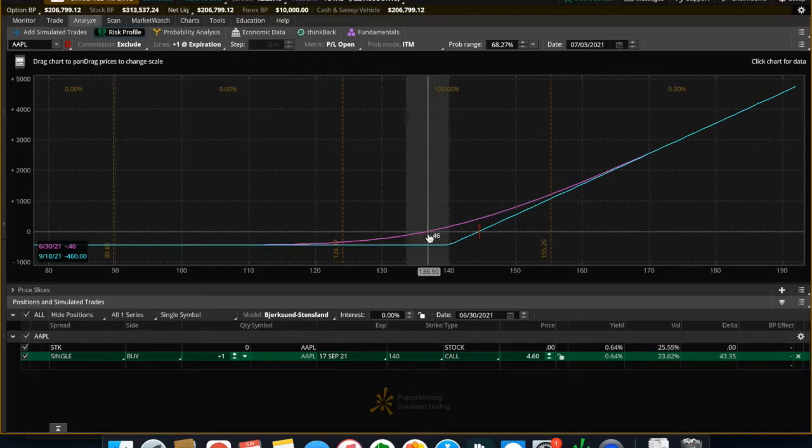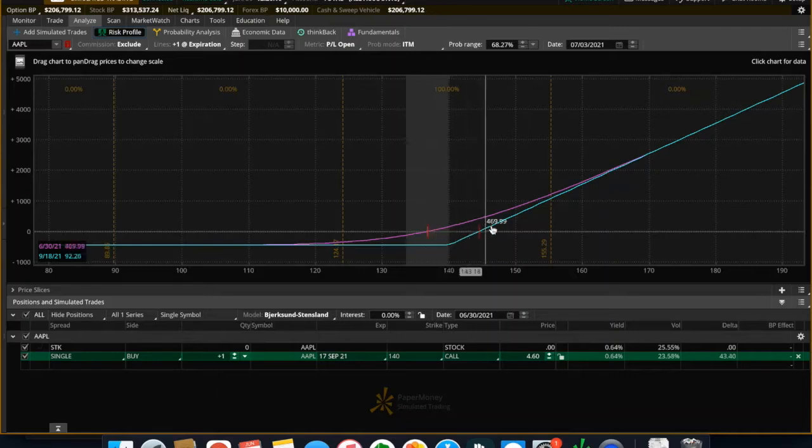As time goes by, it will gradually sink down, and at expiration, all of the value that I bought, the 460, will be gone. And so I will have paid 460, and that would be my total loss. That would basically be my investment.